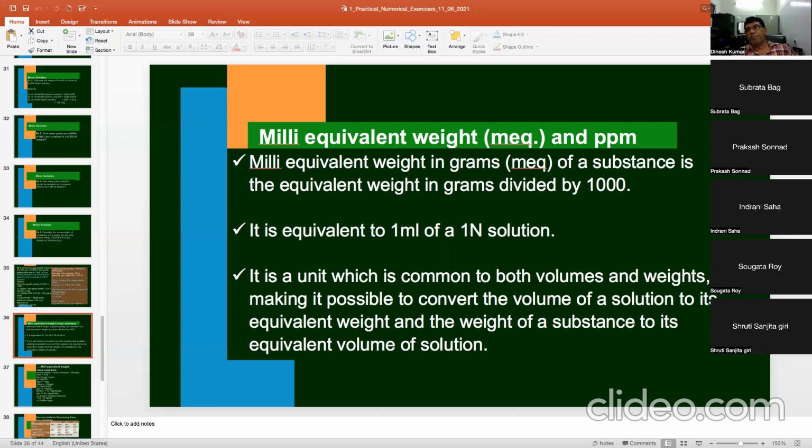You estimate the nitrogen by the general, simple method. And there are 3 steps, as I told you before: digestion, distillation, and titration. You digest the organic nitrogen and bring it into the mineral form, or finally you make ammonium sulfate.